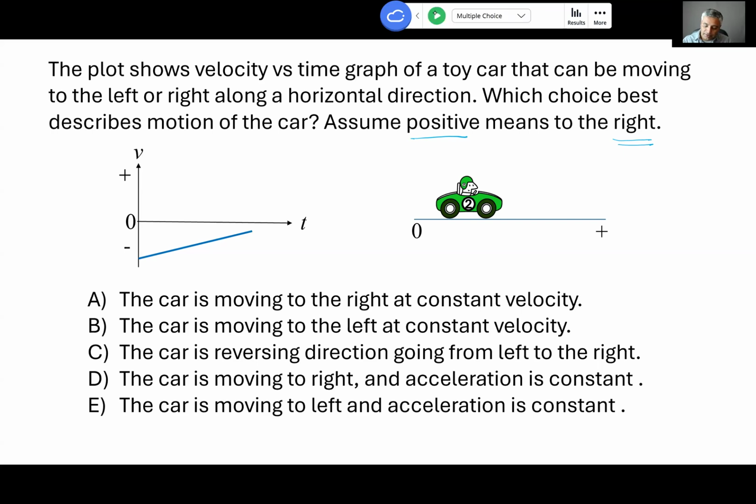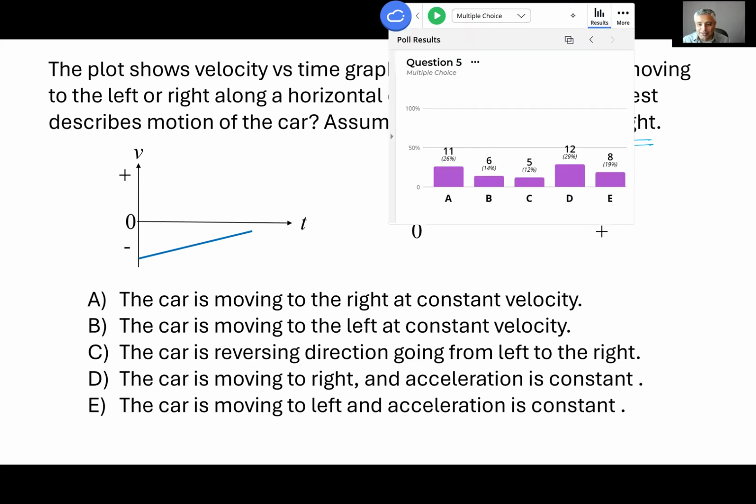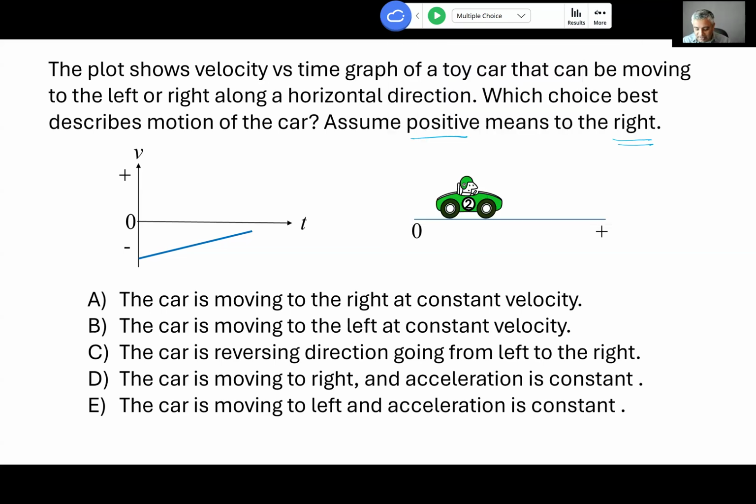Oh, okay. Are you ready? Let's see what we got. Ooh, this is a challenging question. Let's see what happened here. How do I go about it? See, the velocity data.